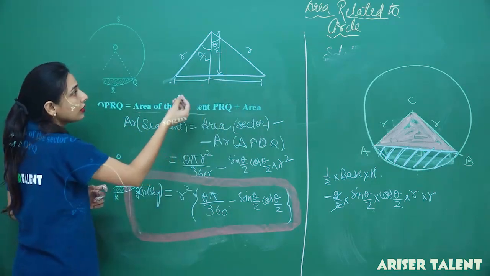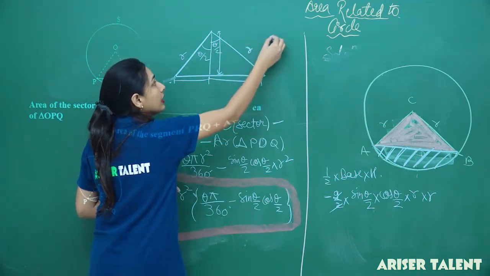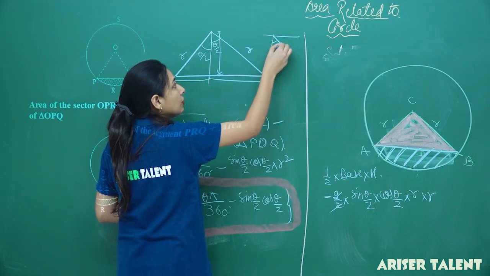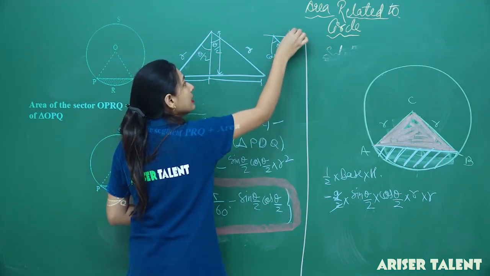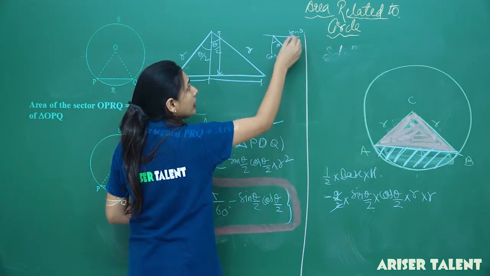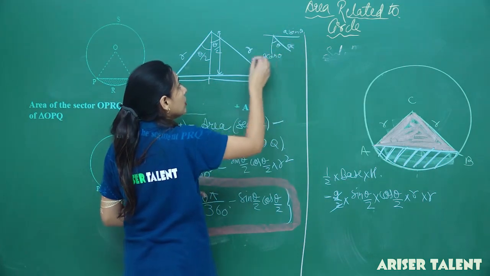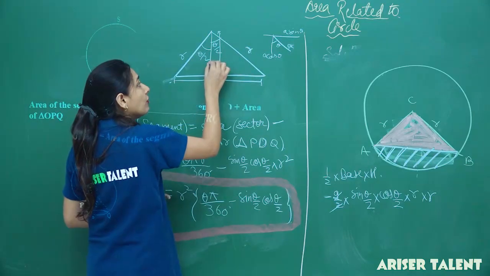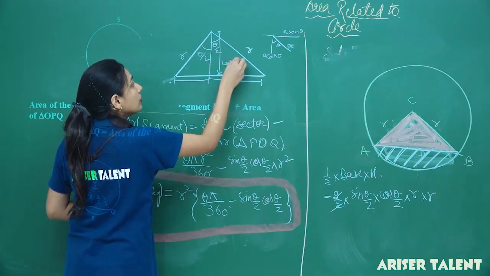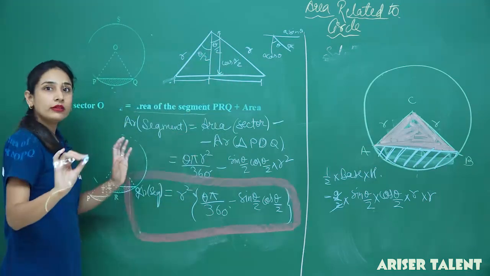Now what is the length? This is R. If I have some angle theta, then that will be cos theta and that will be sin theta of this length. If this is R or suppose A, that will be A sin theta, A cos theta. So if this is R, that will be cos theta by 2. So height is R cos theta by 2, it's simple.